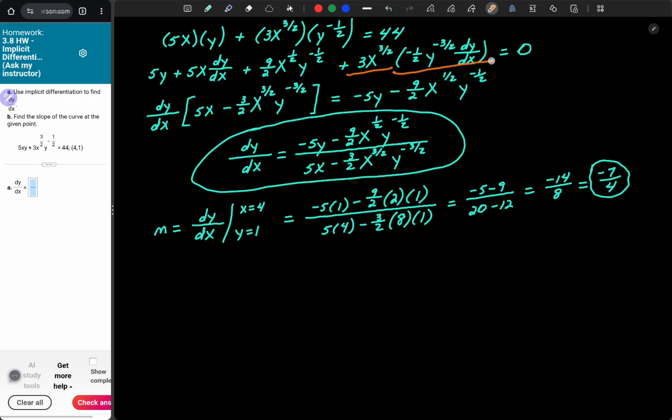Derivative of y to the negative 1/2 is going to be negative 1/2 y to the negative 3/2. I subtracted 1 from the exponent. And then you say times the derivative of what was on the inside of this power. It was a y, so the derivative of y is, again, dy/dx. On the right-hand side, derivative of any constant we know is always 0.